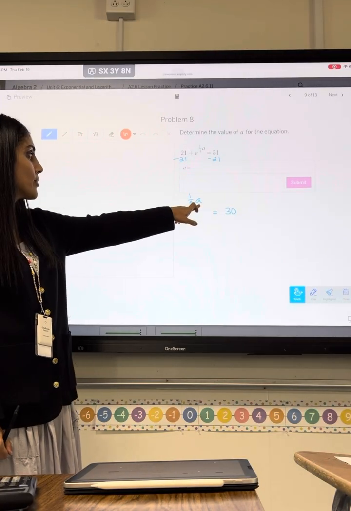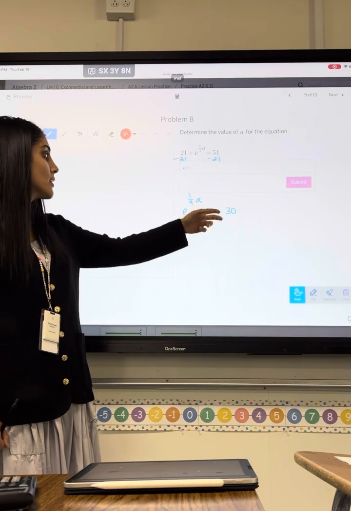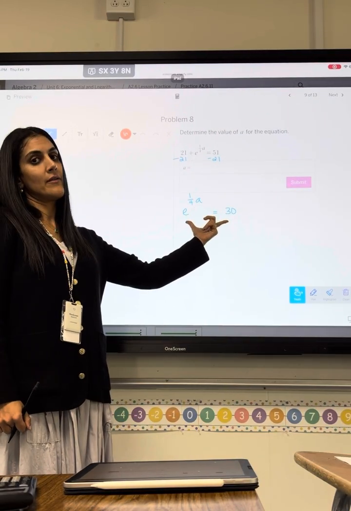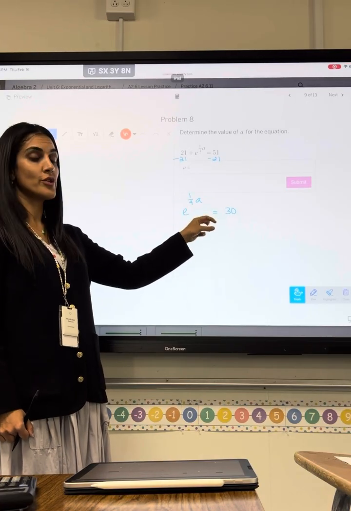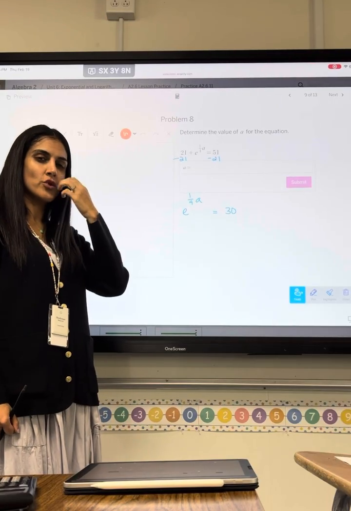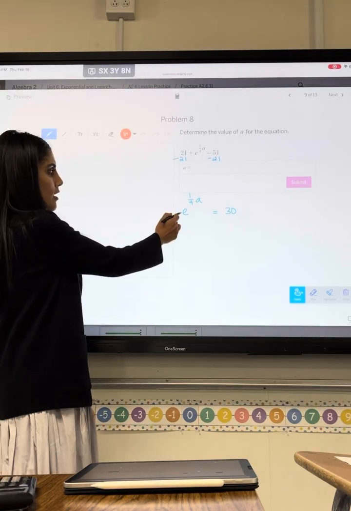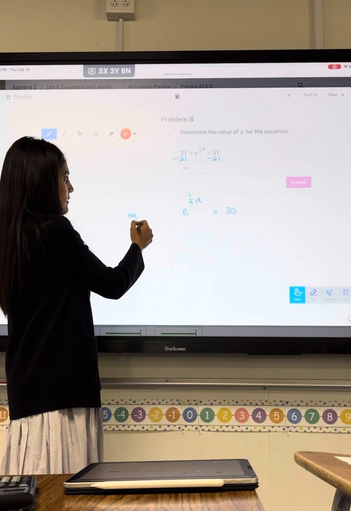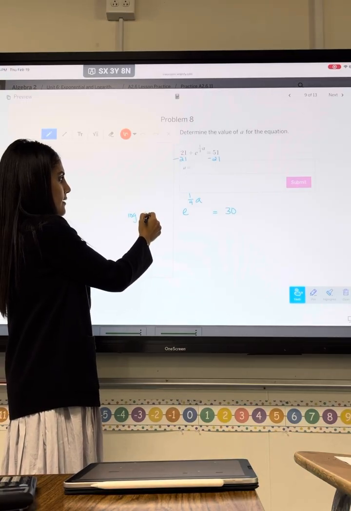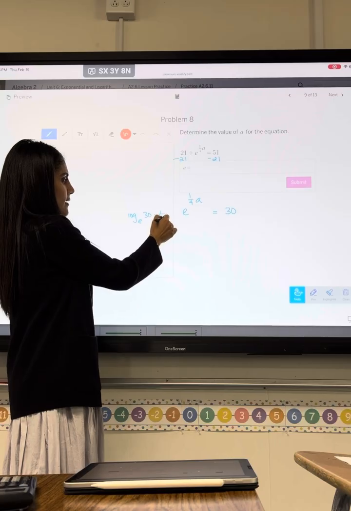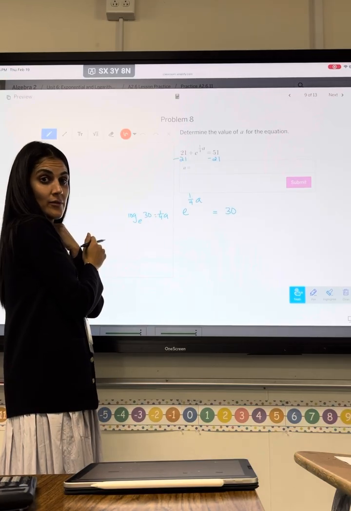Because my variable is in the exponent. My e and 30 are never gonna match. So what you can do is just turn this into a logarithm, like I showed you on a previous problem. Log base e of 30 equals 1/4 a, and log base e is ln, right?